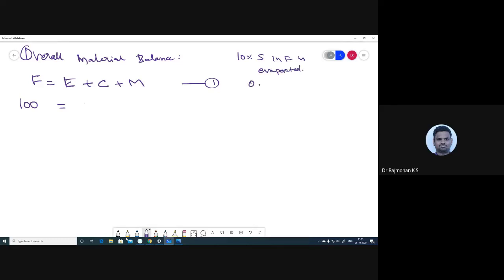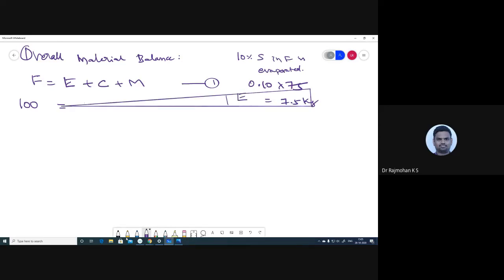Okay, that is 0.10 into 75, which is equal to 7.5 kg, the E value. Okay, so E is 7.5. So you can write here 100 equal to 7.5 plus C plus M.